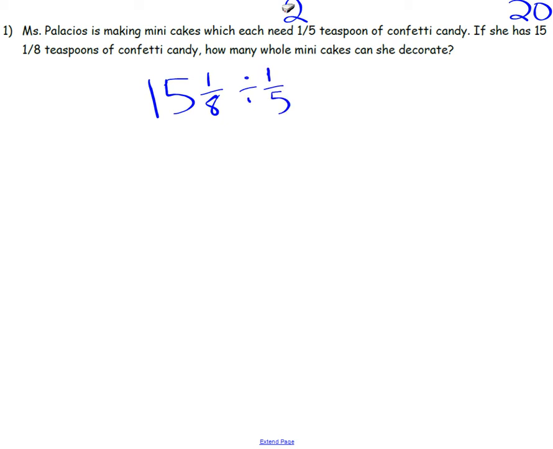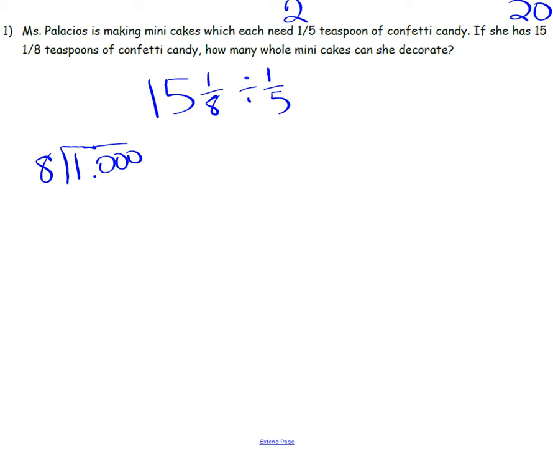All right, 15 1/8 divided by 1/5. We turn them into decimals. I would like it very much if we knew these already, but sadly we probably don't. So we use division to get 1/8. We don't have to move the decimal.